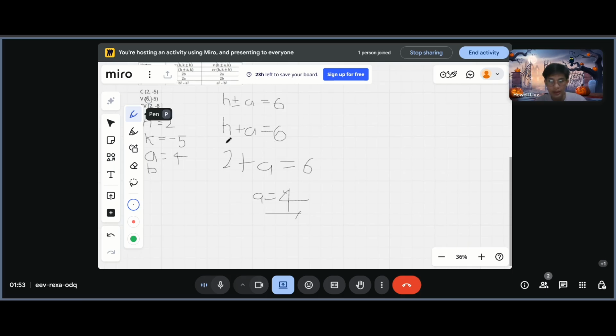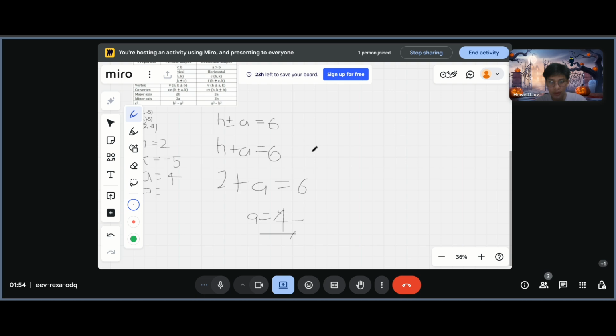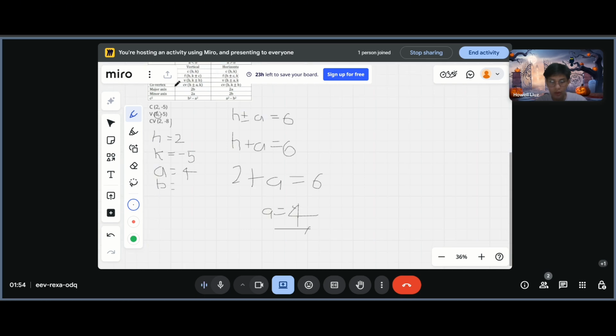To find b, we're going to use the co-vertex, using the y-coordinate, which is negative 8.